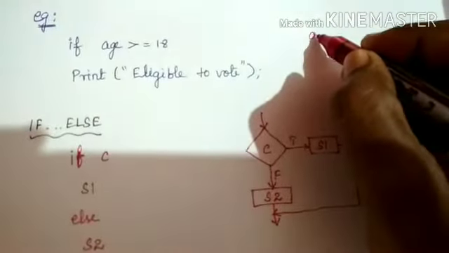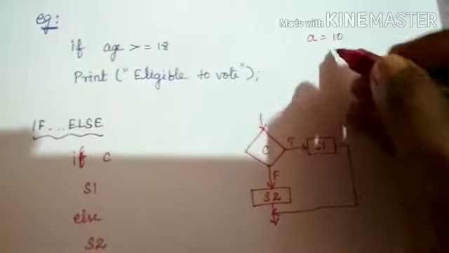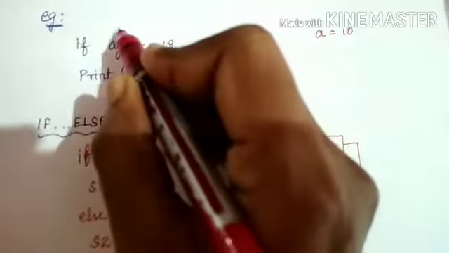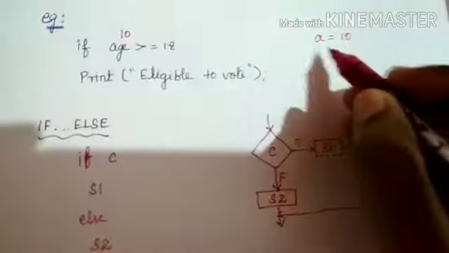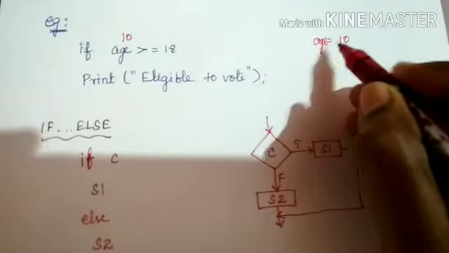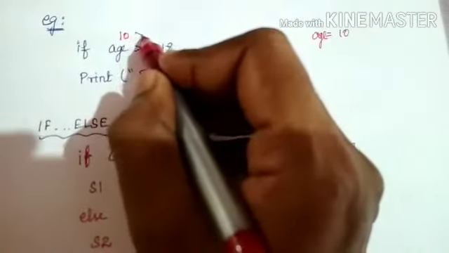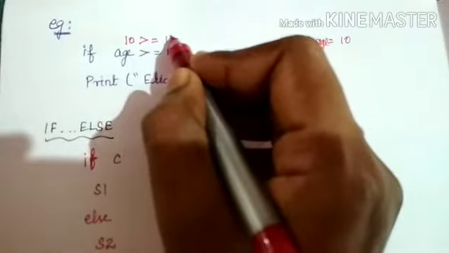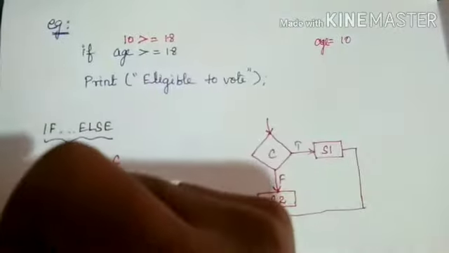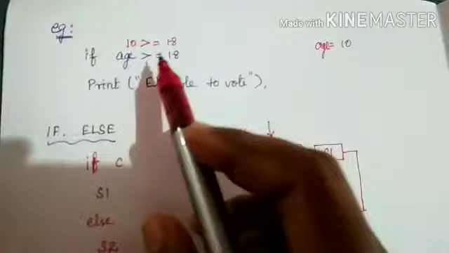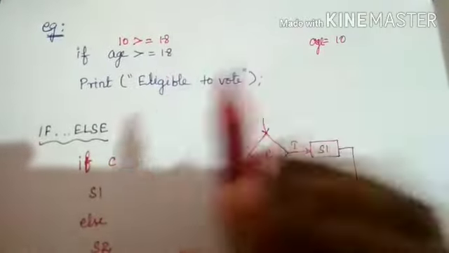For example, the given input is age equal to 10. 10 greater than or equal to 18. Is the condition true or false? False. Here no output is displayed.